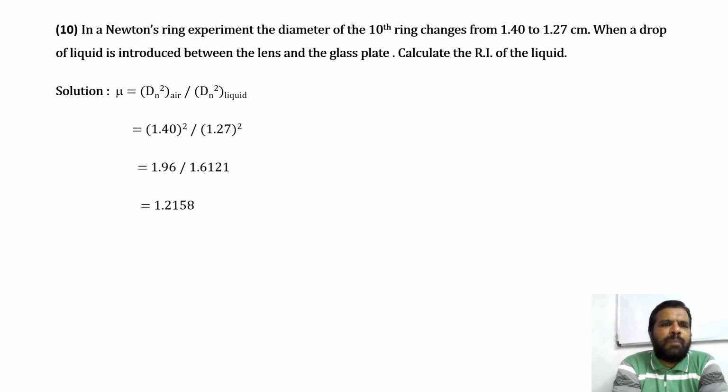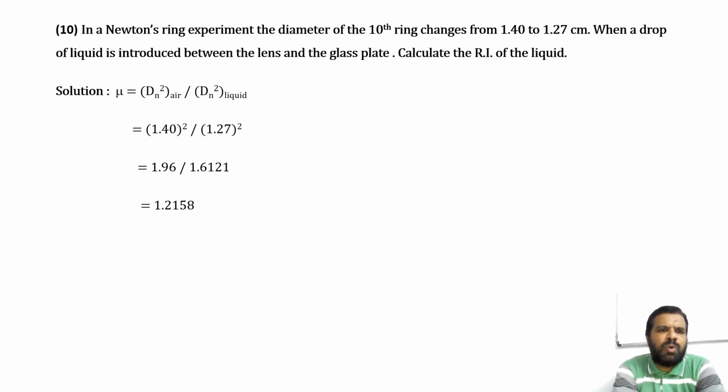Problem number 10. In a Newton's ring experiment, the diameter of the 10th ring changes from 1.40 to 1.27 centimeter when a drop of liquid is introduced between the lens and the glass plate. Calculate the refractive index of the liquid. This is for the 2 marks question.